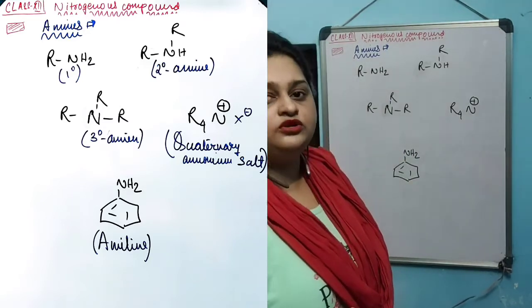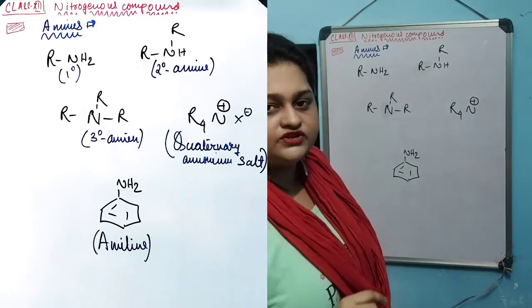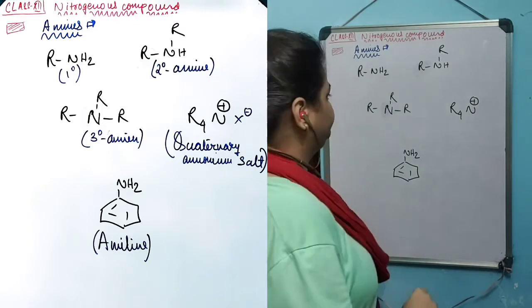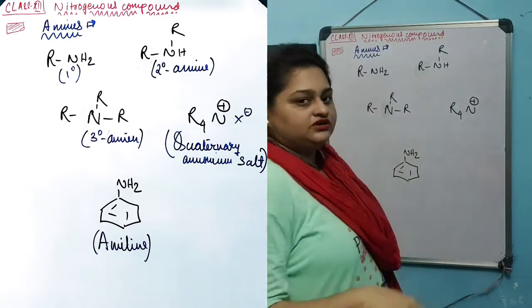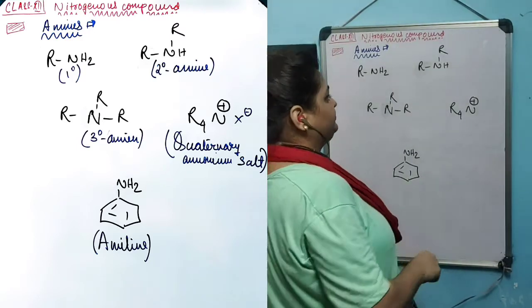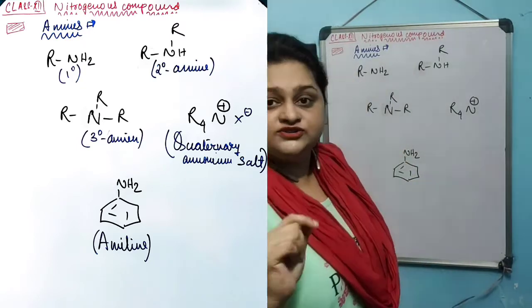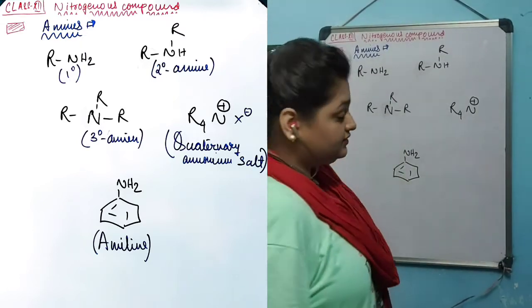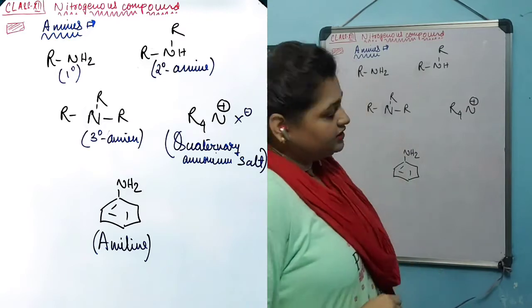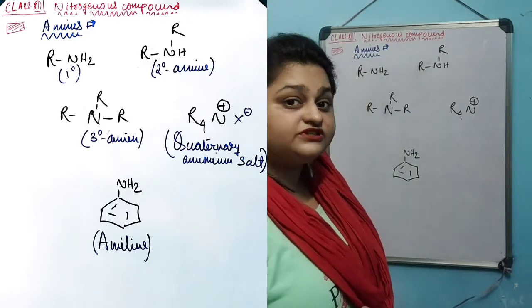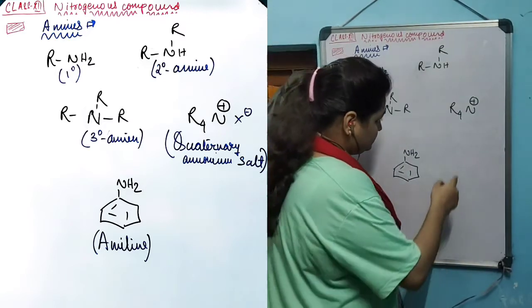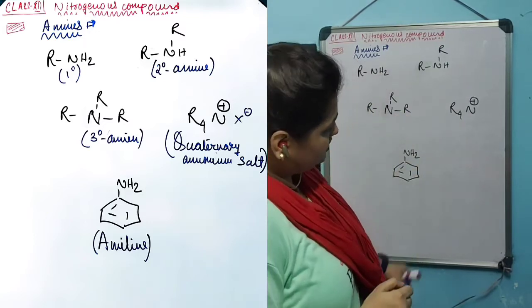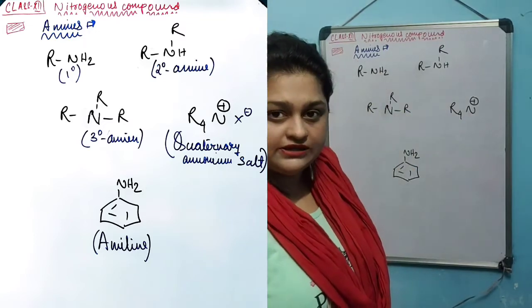The degree of amine is assigned on the basis of hydrogen atoms present on the nitrogen. In this one, there are 2 hydrogens present on the nitrogen. For this amine, only one hydrogen is present. In this one, no hydrogen is present. And in the last one, there is no hydrogen, but a positive charge is there on the nitrogen atom.